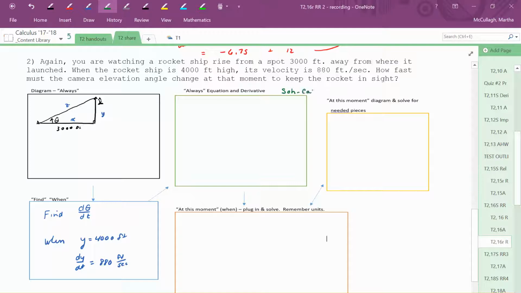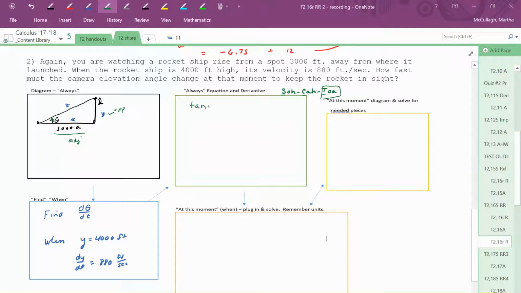And we used that to remind ourselves what the relationships of the sides were for the sine, the cosine, and the tangent. Well, we are given our x value. At some point in time, we're going to know our y value. So relative to our angle theta, our x and our y are our opposite sides and our adjacent side. So if we've got the opposite side and the adjacent side, we're going to use tangent.